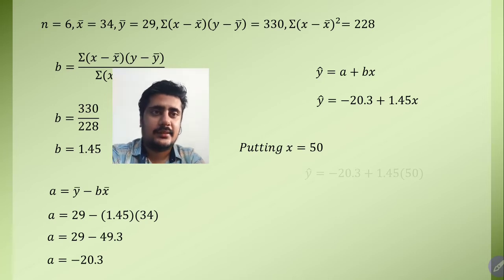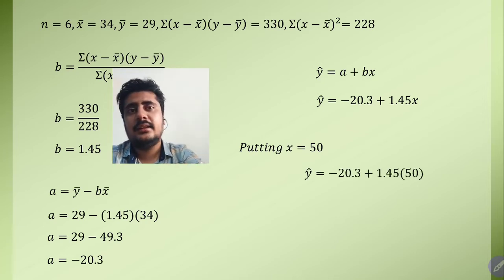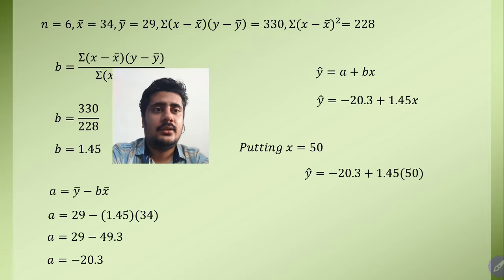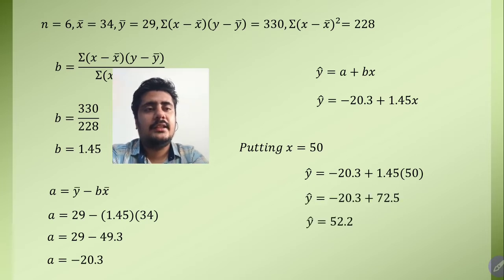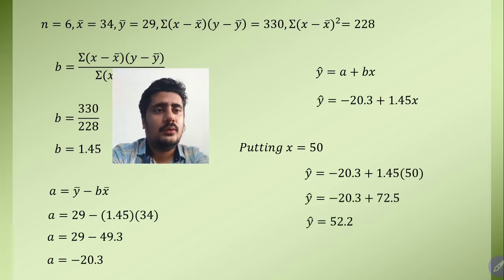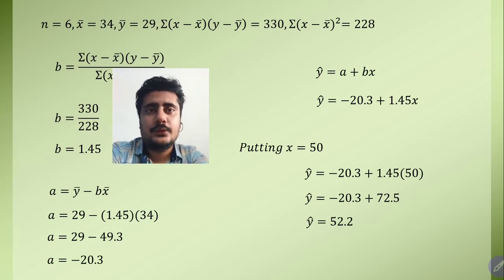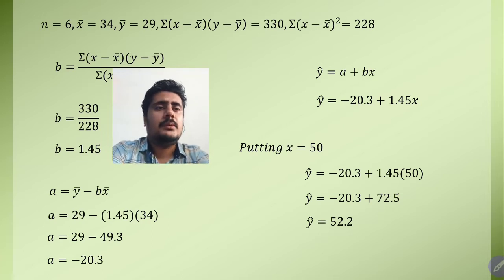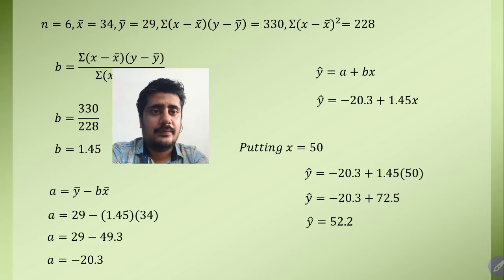Now what is x? So in question you can read that x was 50. So we will put that 50 in this formula. So 50 into 1.45 is 72.5. 72.5 minus 20.3 is 52.2. So till now we have completed the two formulas of b.